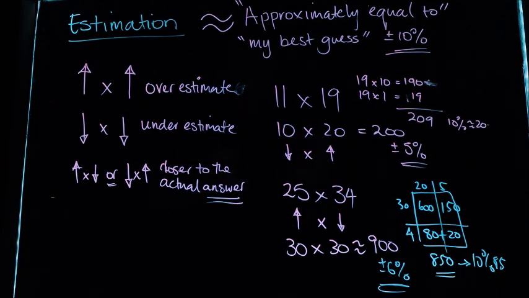So final part here was just to think about, and I set some examples here, to think about what's going to happen in terms of, are you going to overestimate or underestimate the answer? How close are you going to get by this rounding one up and one down type situation.